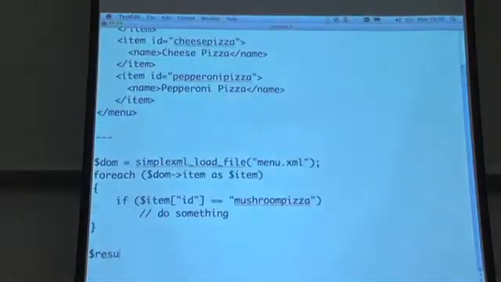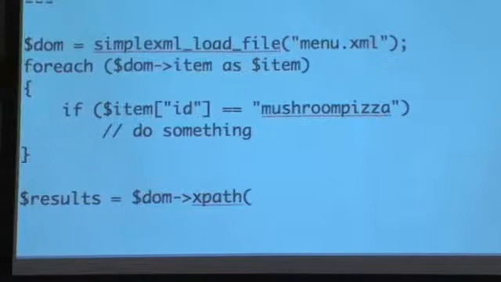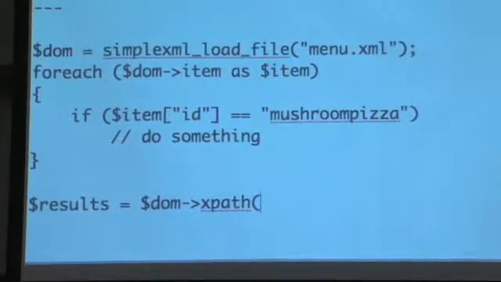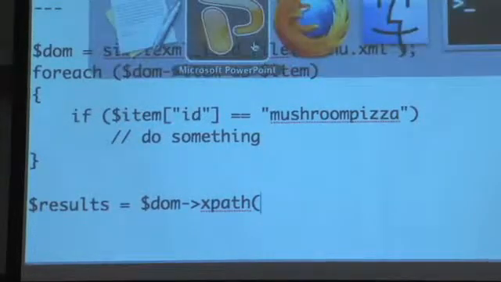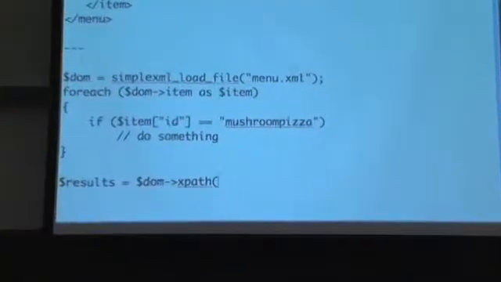So the syntax with which I can do this in PHP is a little something like this. Instead of this loop, I can instead do this. Results gets DOM. DOM supports an XPath function. So a SimpleXML element supports a function called xpath, and it takes an XPath query. It takes a location path, as is the jargon. That whole thing is a location path. So I could do this, and I'm going to simplify.